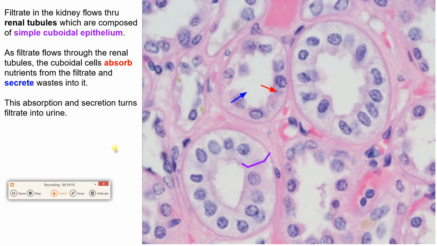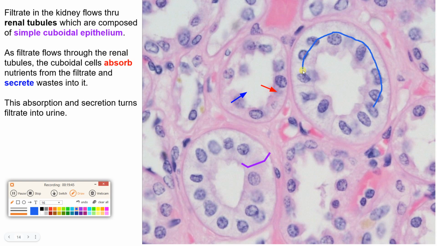Let's move on to simple cuboidal epithelium. This is actually still the kidney, just zooming in somewhere else. We don't see a glomerulus. There's a glomerulus near here, don't worry, we just don't happen to have one in this picture. What I want to point out is that I see a ring of cells.